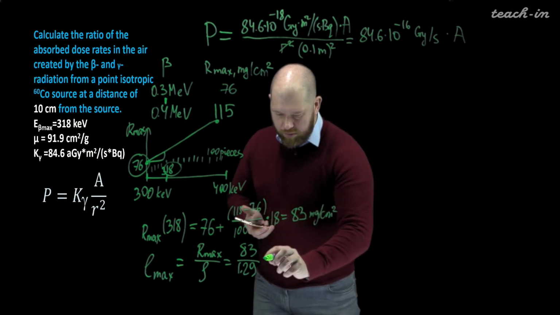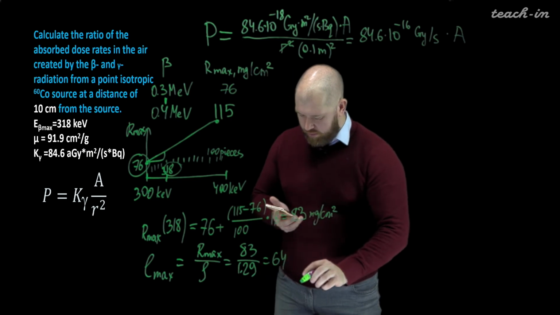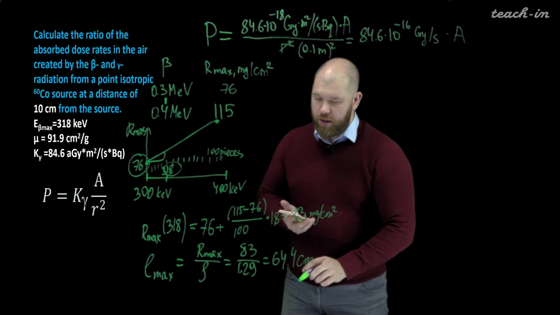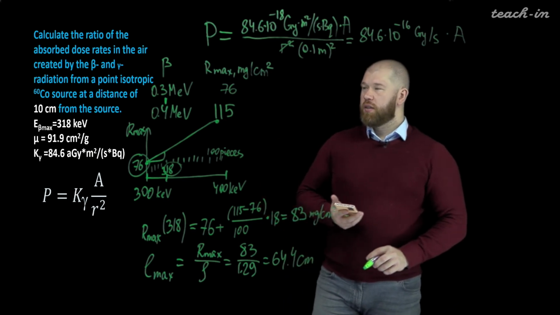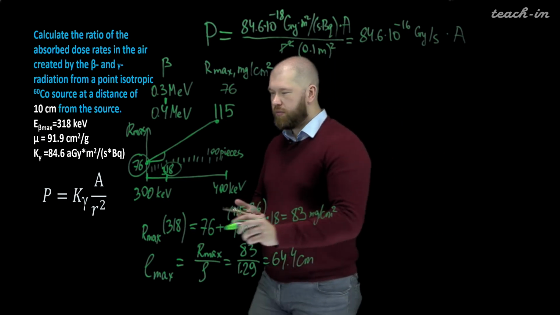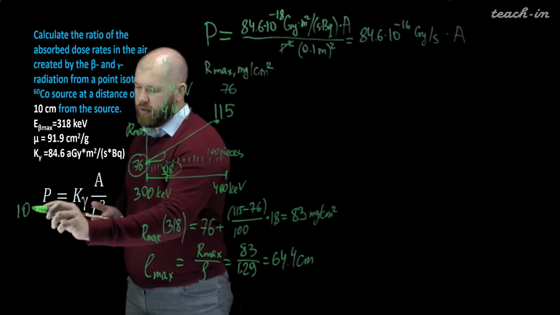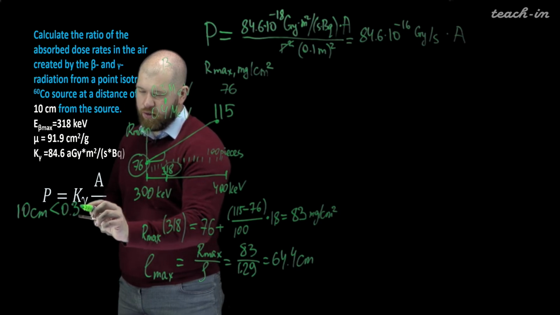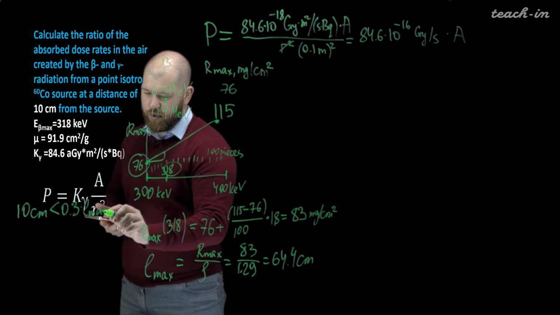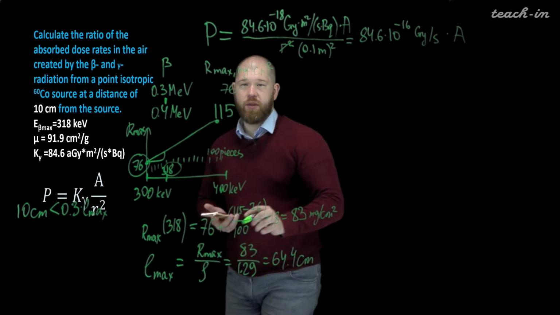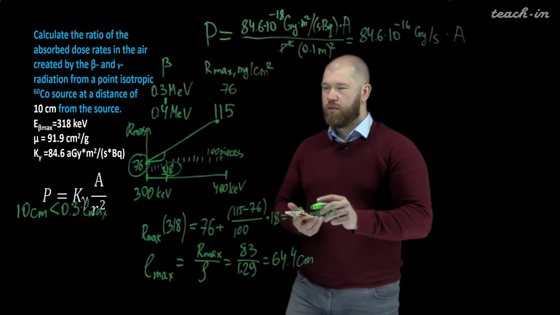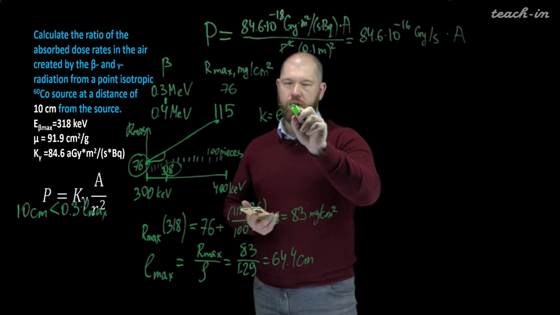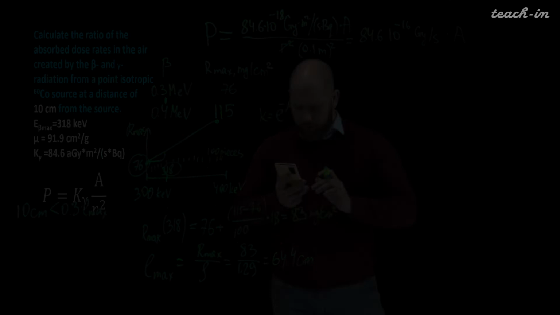And it will be 64 something like 4 centimeters. In this case, 10 centimeters will be less than 0.3 multiplied by the maximum range, and thus we can use the attenuation coefficient that we calculate with this equation.